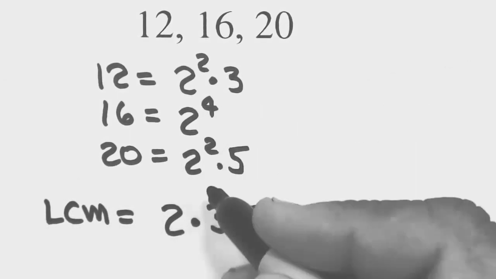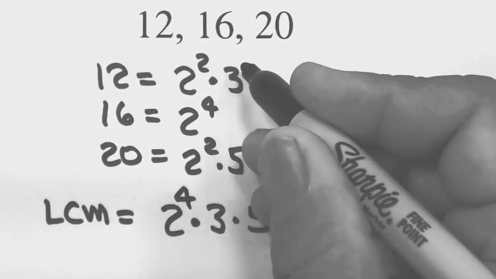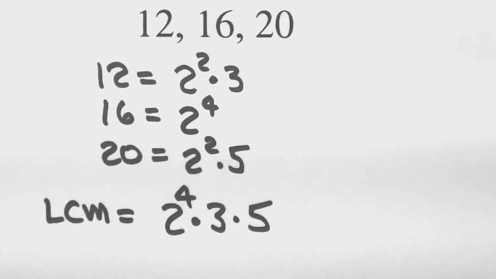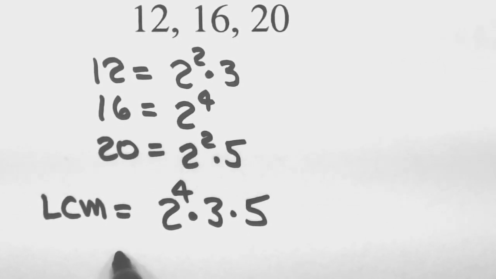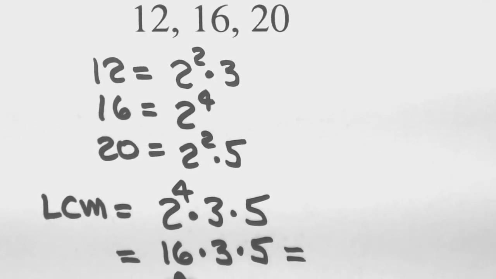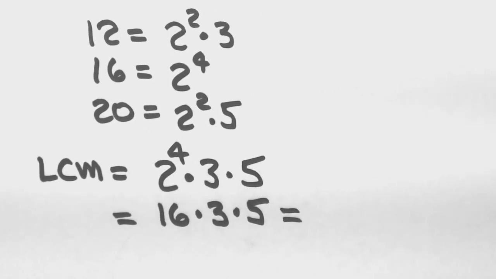For 2, the highest power is 4. The 3 and the 5 are both to the first power. So here it is. Let's just put it together. 2 to the 4th is 16, and the 3 and the 5 remain the way they are. Okay, well, what does this multiply to? 16 times 3 is 48. Let's just put that down here. This is 48.